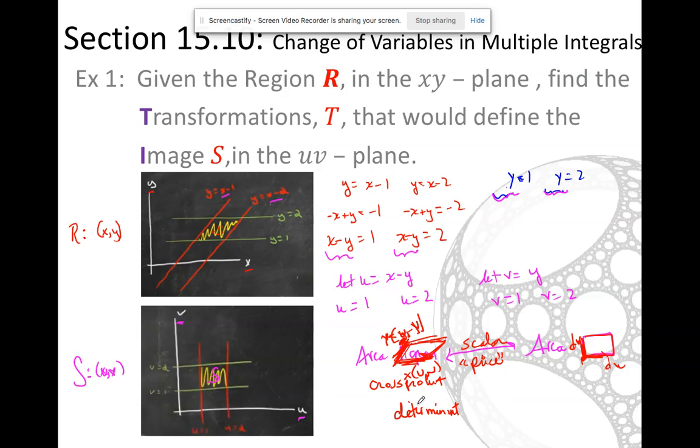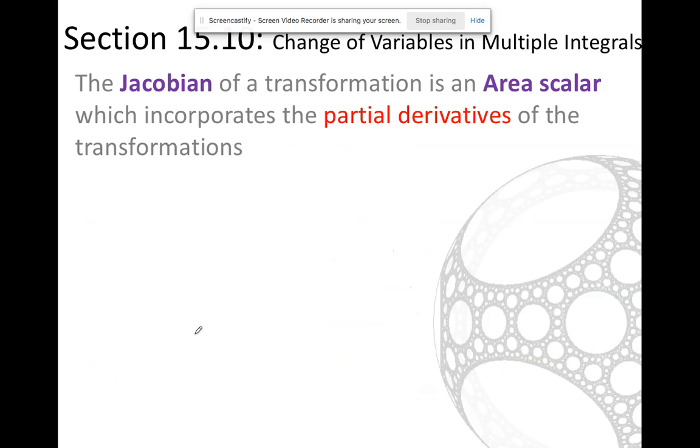So the scalar, the price we pay from going from the XY plane to the UV plane, is a determinant, and that determinant has a special name, and it is called the Jacobian, after the German mathematician that came up with this, whose last name is Jacobi. I don't know how to say it, but that's his last name. But the Jacobian is a determinant.